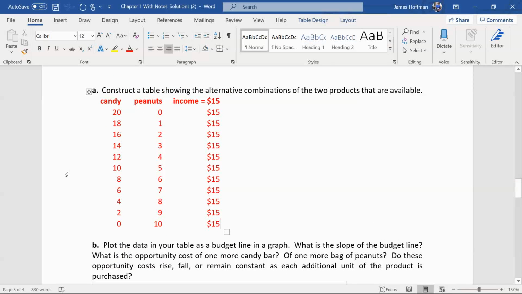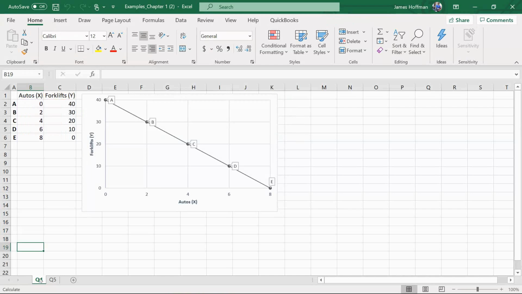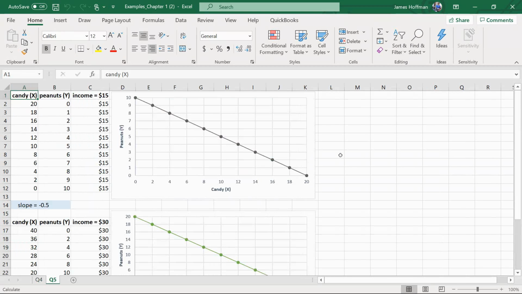Okay, and so again, I did this one in Excel, and you can look at my example in Excel if you want to do it like that. If you go back to the Excel example here, the second one is for question 5, which you're doing now.